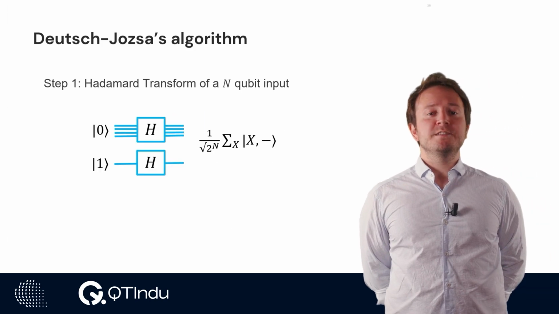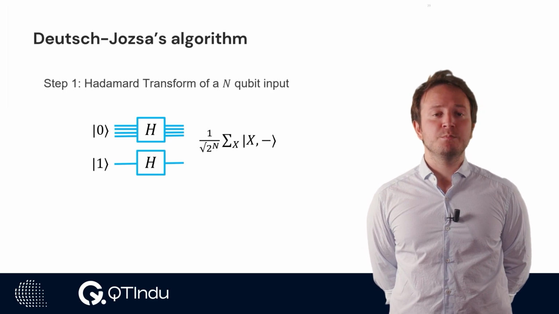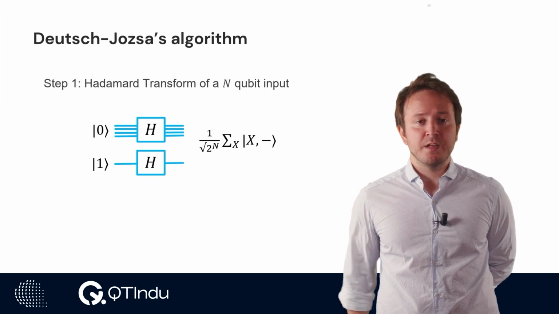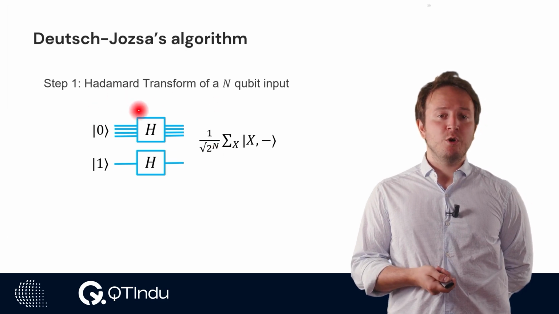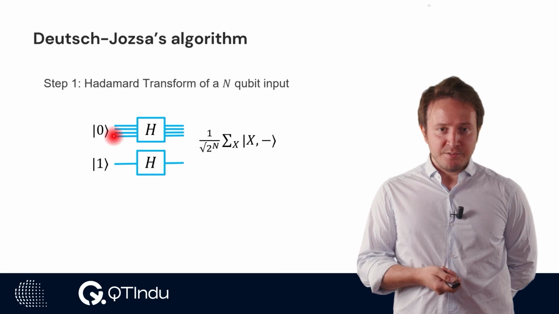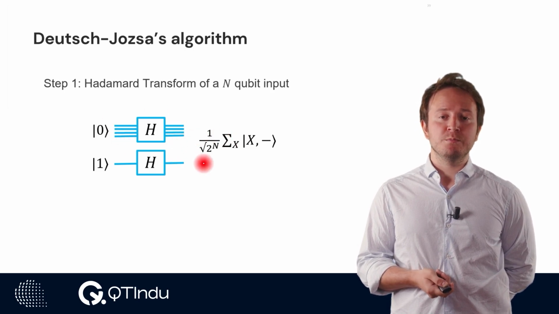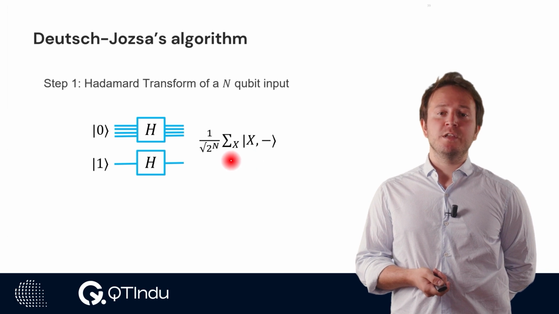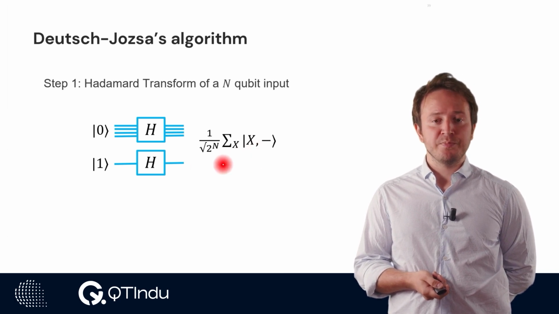So let us now revisit the first step of the Deutsch-Jozsa algorithm. The first step, once again, is a Hadamard transform of this n-qubit input. Once again, the Hadamard transform of this n-qubit input is probing the whole Hilbert space and is essentially creating a superposition of all possible input strings x.